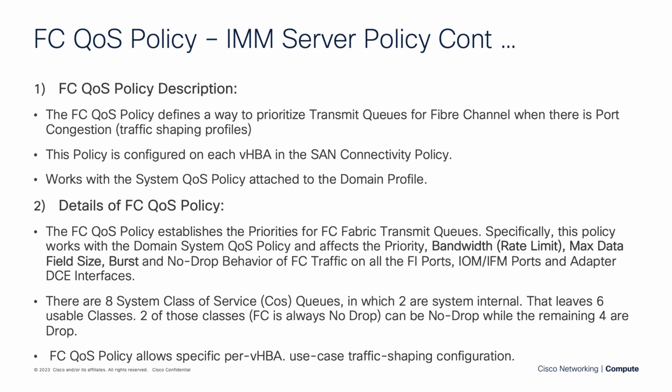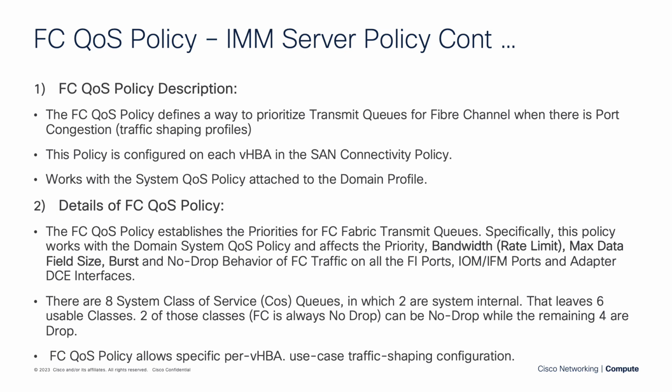As far as the parameters for quality of service: priority, bandwidth, rate limiting, max data field size, burst, and no drop behavior. Only bandwidth, rate limiting, max data field size, and burst can be configured within this Fiber Channel QoS server policy.